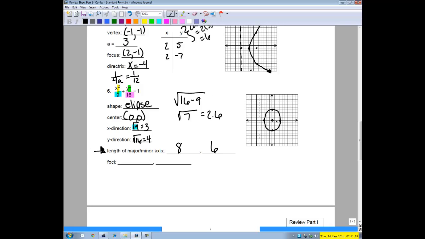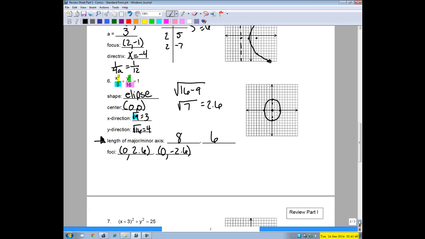So we go from our center along the major axis. In this case, since it's more like a hot dog shape, we go up and down 2.6. So my points are 0, 2.6, and 0, -2.6. And we are done.